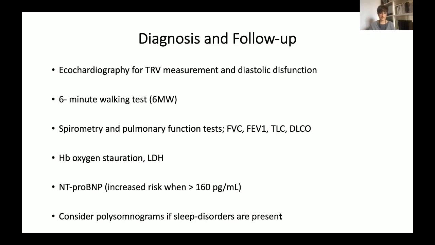Then the 6-minute walking test, the use of spirometry and pulmonary function test, hemoglobin, oxygen saturation, and LDH, and of course NT-proBNP, considering the threshold of 160 picograms per milliliter as a risk for development of pulmonary hypertension. And since sleep apnea may contribute to the development of pulmonary hypertension, consider polysomnography if there are sleep disorders described or recorded by a physician.